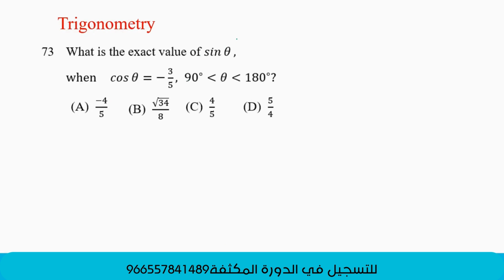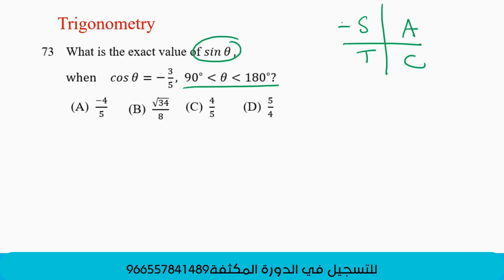I need to find sine in the second quadrant, but I know this is ASTC, so sine is positive. So I know for sure this is wrong. This is the only thing I know, isn't it? Because in the second quadrant, sine is positive.